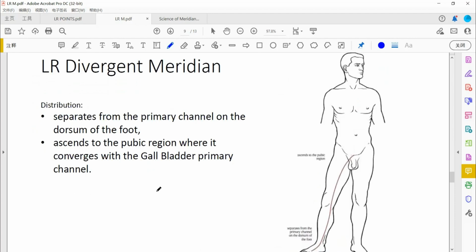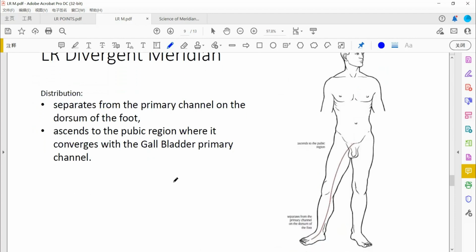Divergent. So it separates from the primary channel at the dorsum of the foot, ascends to the pubic region, where they converge with the gallbladder primary channel.